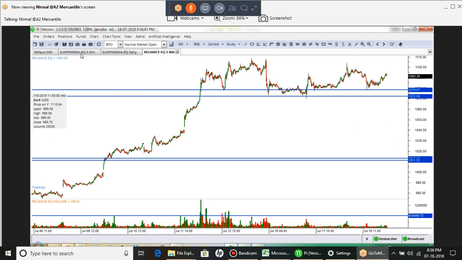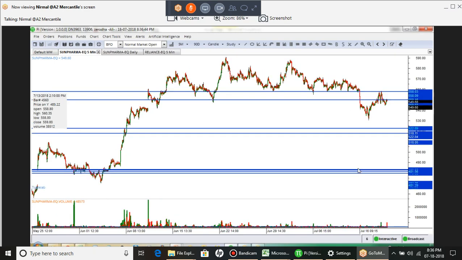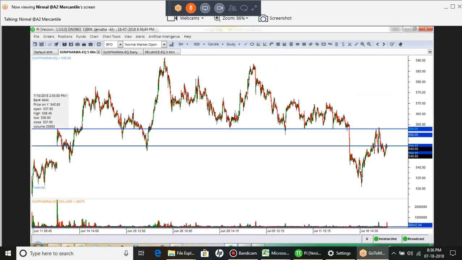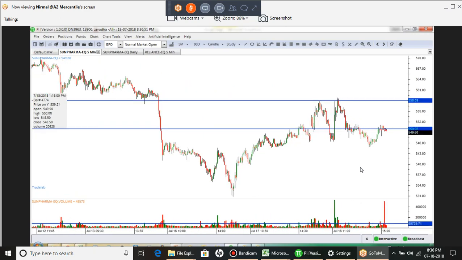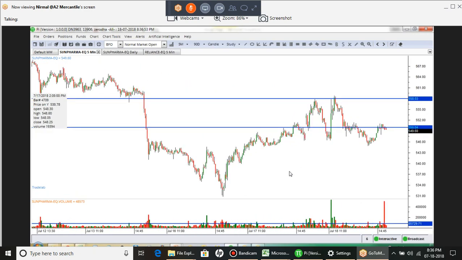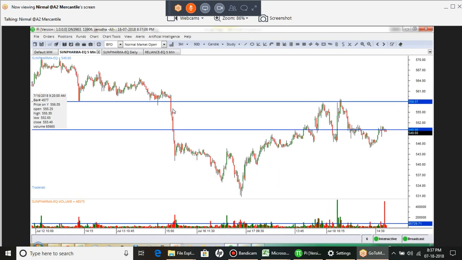Now let's look at Sun Pharma. When this got broken, see, it came down, correct? Now when it came down, 9:15, this is the place.